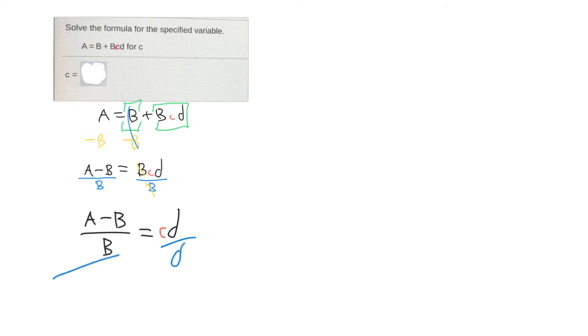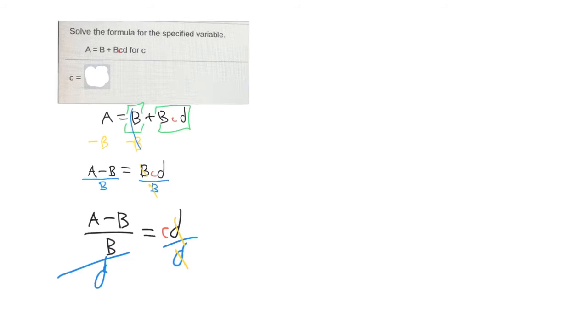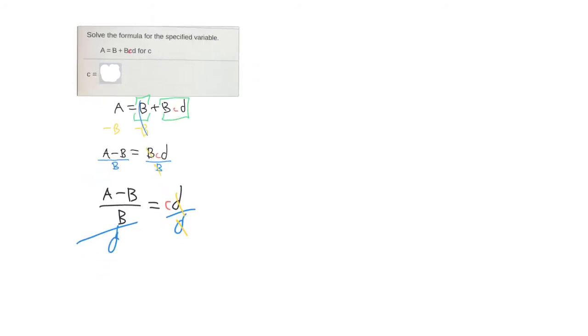Now we're dividing this whole fraction by d. Now, what that will result in on the right is a cancellation. And moving on to the next line, well, let's focus on the right for now. We're definitely going to have c by itself now because the d's canceled, so that's great news.